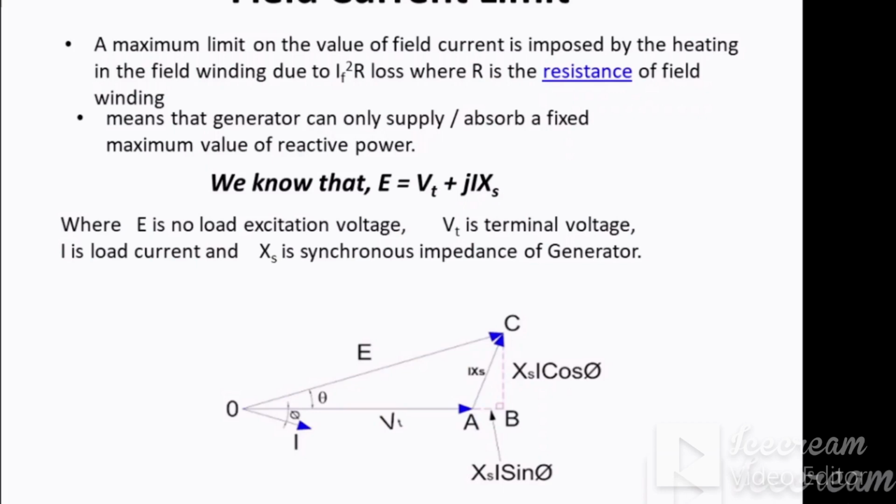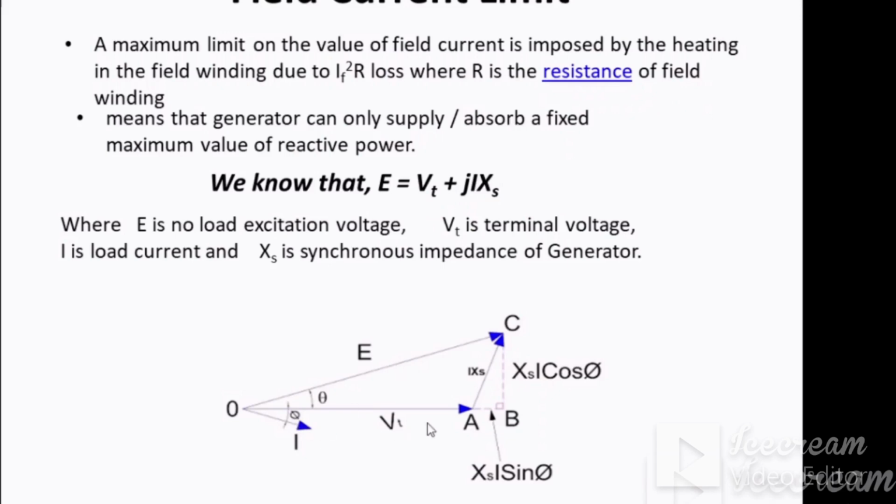In this, Xs is the synchronous impedance and I is the load current. Theta is the angle. So your phasor diagram is drawn with the help of this equation. You are well aware in the machines subject about this phasor diagram.